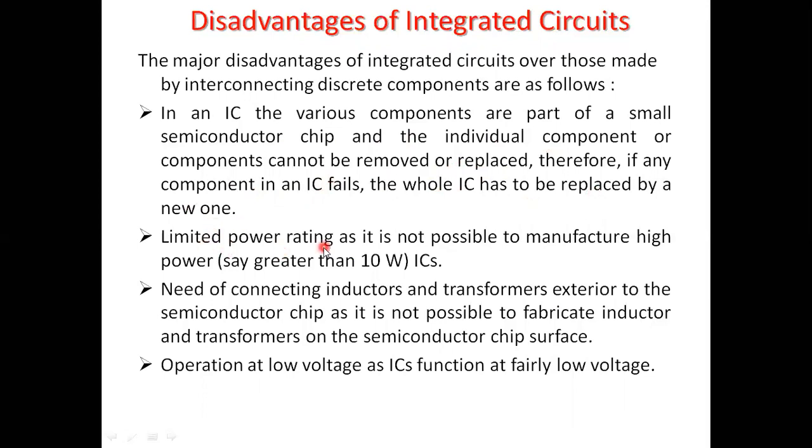Limited power rating, as it is not possible to manufacture high power ICs, for example 10-watt ICs. Need of connecting inductors and transformers exterior to the semiconductor chip, as it is not possible to fabricate inductors and transformers on the semiconductor chip surface. Operation at low voltage, as ICs function at fairly low voltages.